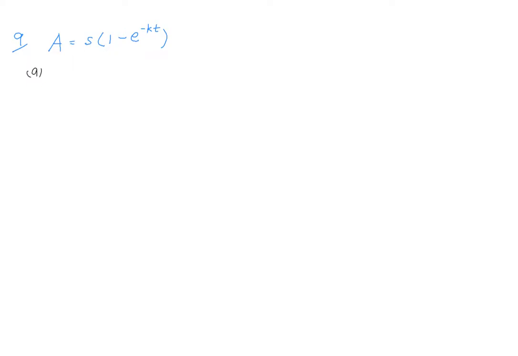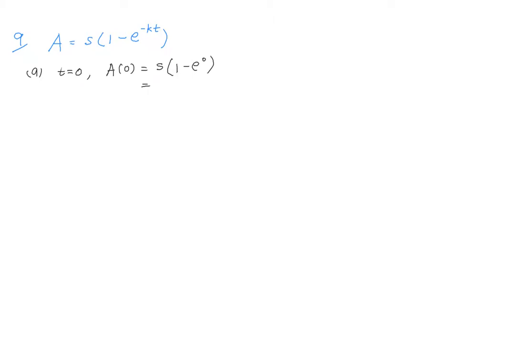So T equals 0, A0 equals S times 1 minus e to the power of 0. How come the original sugar concentration is 0? Or the percentage, where S is the original sugar concentration.